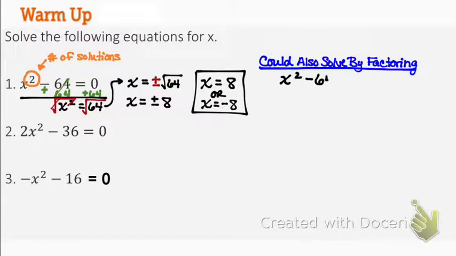X squared minus 64 equals 0 has 2 terms. Which 2 terms does it have? A, B, or C? A and C. This is that special situation called a difference of 2 squares.